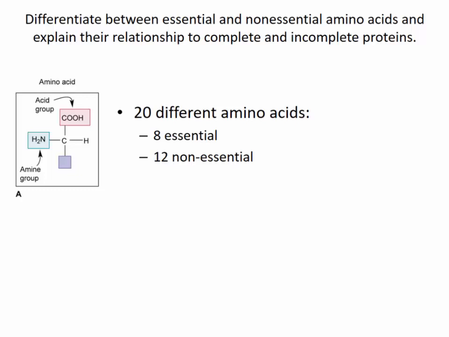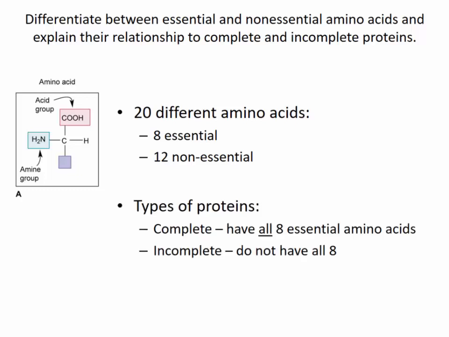However, the 8 essential amino acids, as I stated before, we need to get them in our diet because the liver cannot convert other amino acids into those 8. We don't need to worry about which 8 are essential and which 12 are non-essential, but this is an important concept to know, especially as it relates to types of proteins, complete and incomplete.